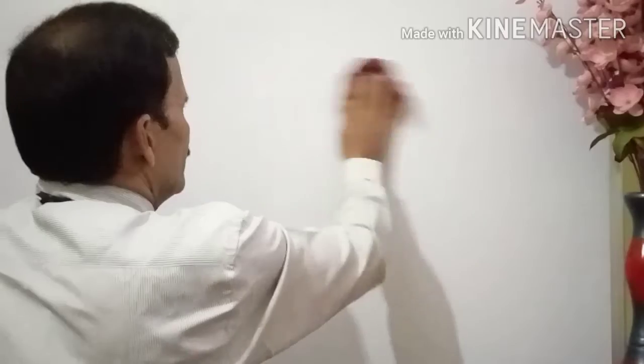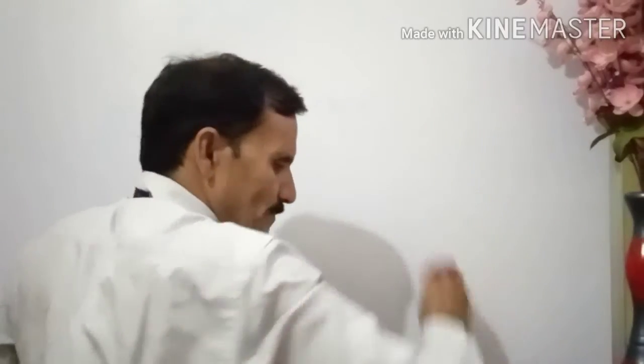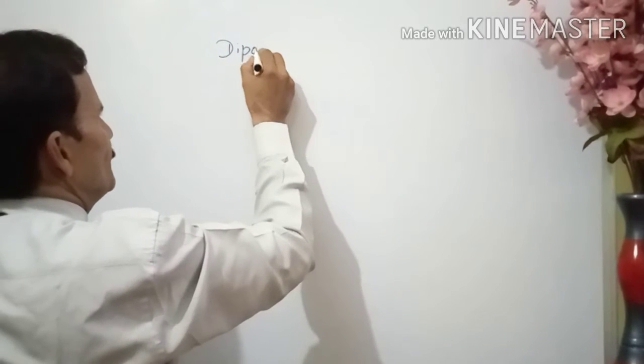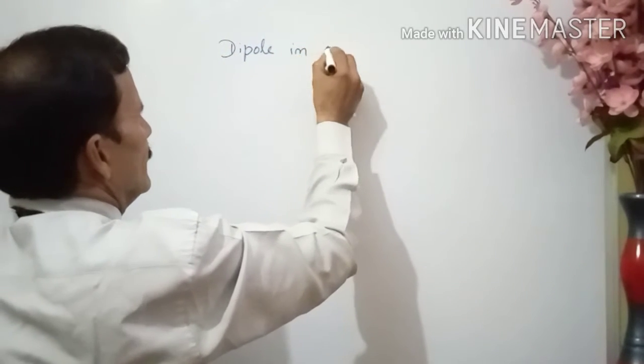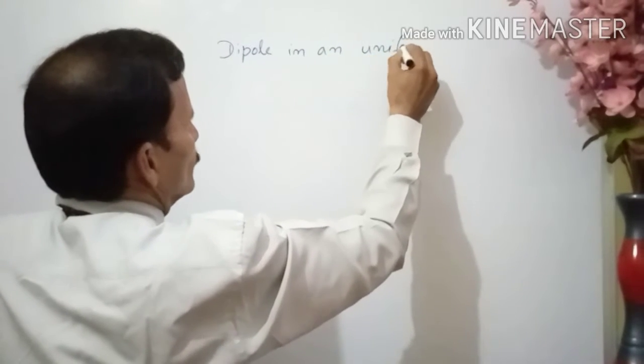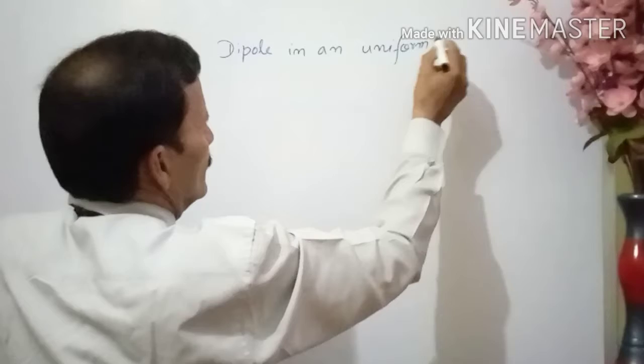Okay, now come to the case when an electric dipole is put in a uniform electric field. What happens there? Suppose there is a dipole in a uniform electric field. Uniform means what?